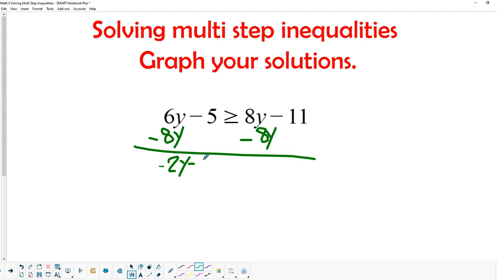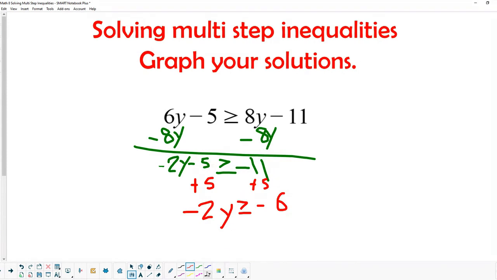We still have minus 5 is greater than or equal to negative 11. Then we add 5 to both sides.